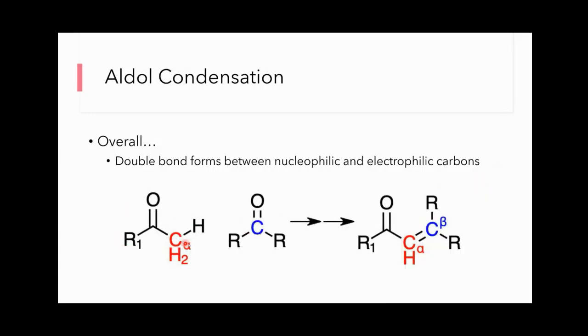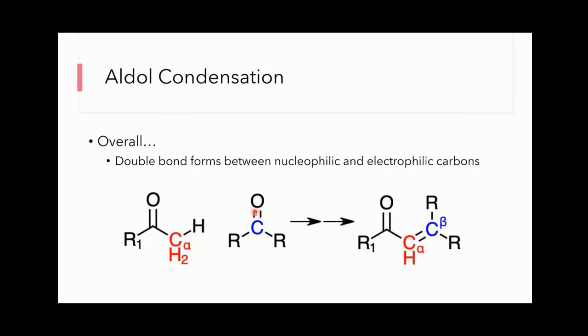All right, so overall, these are a quick review. If you have that alpha carbon, or alpha hydrogen, essentially the oxygen on the electrophilic carbon gets replaced by the alpha hydrogen over here.